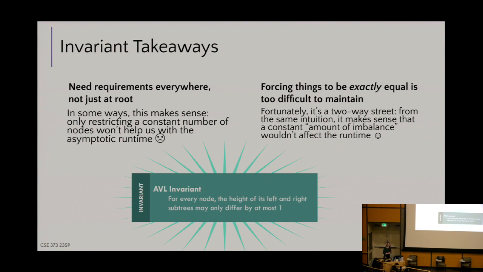Okay, so meet the AVL invariant. What we're actually going to do, and this is the definition of balanced, is that for every node, the height of its left and right subtrees may only differ by at most 1. You see how it says at every node, so this is a recursive invariant.